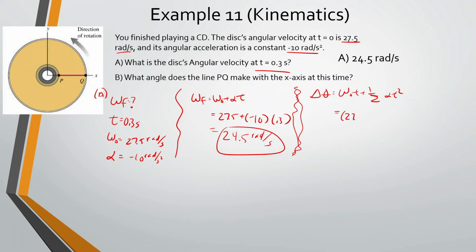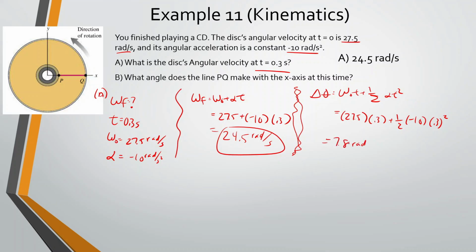No, it should be fine. 27.5 times t, which is 0.3, plus 1/2 alpha, -10, 0.3 squared. 0.3 squared times -5 plus 27.5 times 0.3. And we get this is equal to 7.8 radians.